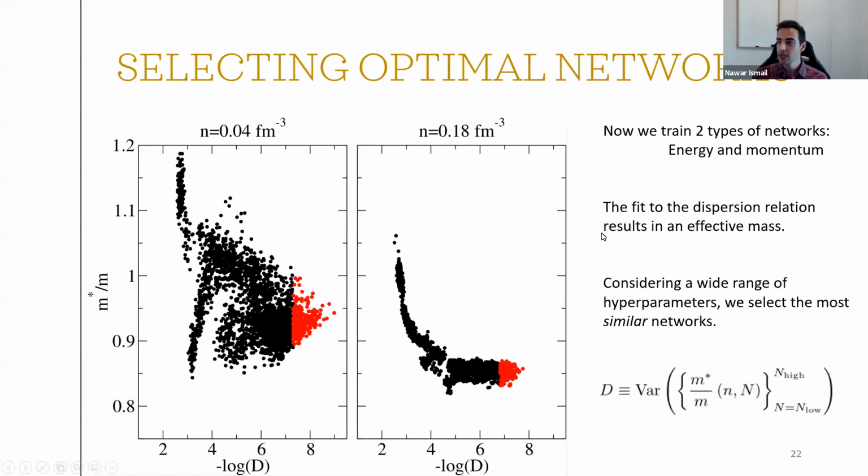To do that, we select our optimal networks by noting that the variance across the domain should be very low for these network predictions as per the data set. Based on that, we plot this disagreement factor, which is measuring that variability for multiple different hyperparameters, and we take the ones that capture the most similar features as the best networks to use.